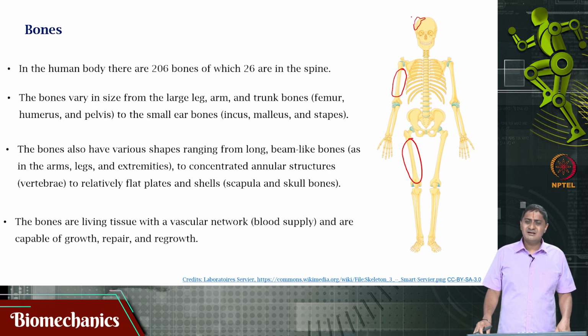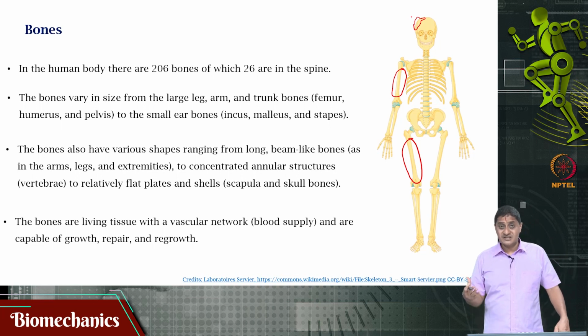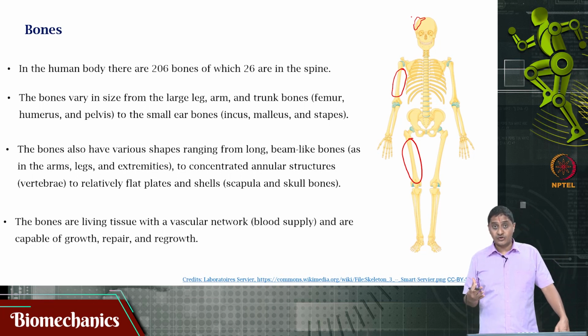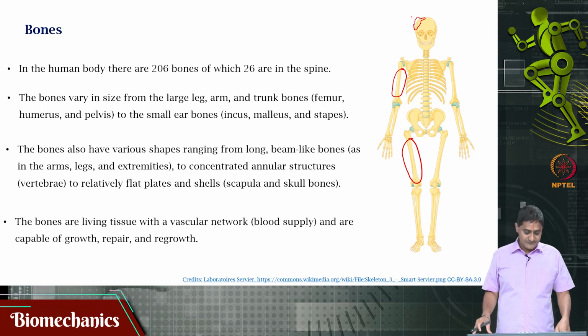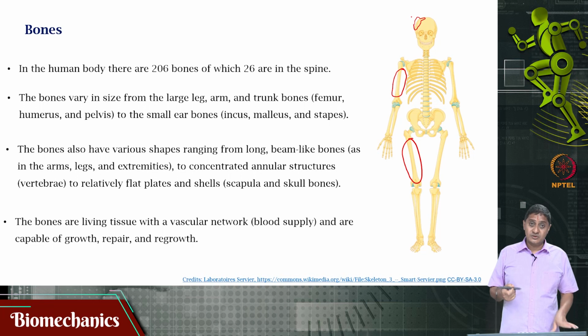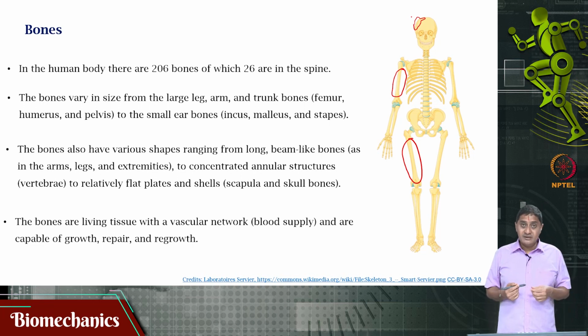And these are not plastic-like non-living tissues. They are living tissue that receives blood supply and undergoes metabolic changes, and actually undergoes growth and degrowth, as we will see in future slides or future videos. So, these are living tissues that undergo metabolism, that receive nutrients through the vascular network, and also excrete waste.